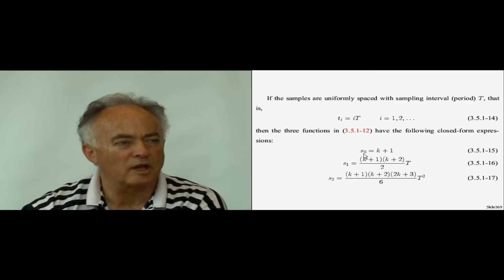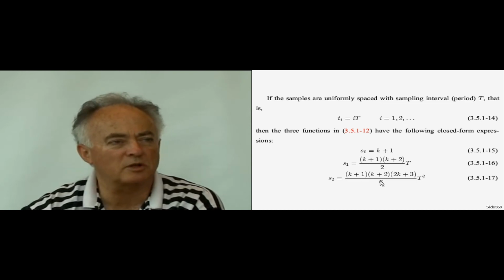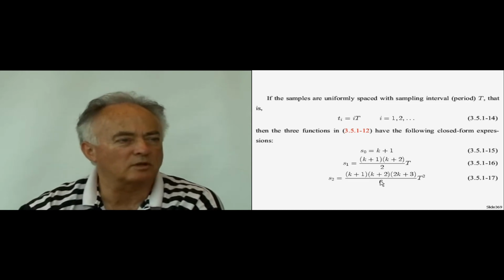The sum S0 is just k plus 1, that doesn't matter, but the sums S1 and S2 can be obtained explicitly based on the sum of i and i squared, i from 1 to k plus 1 really.